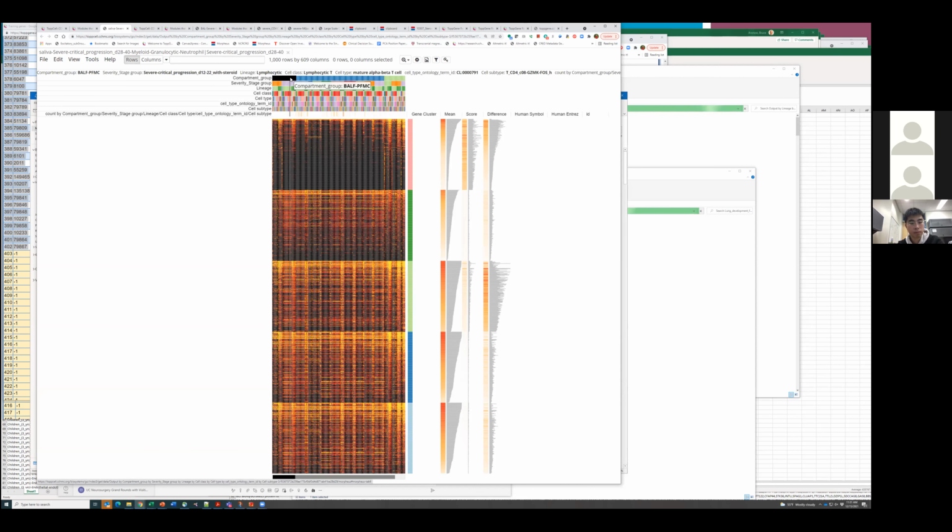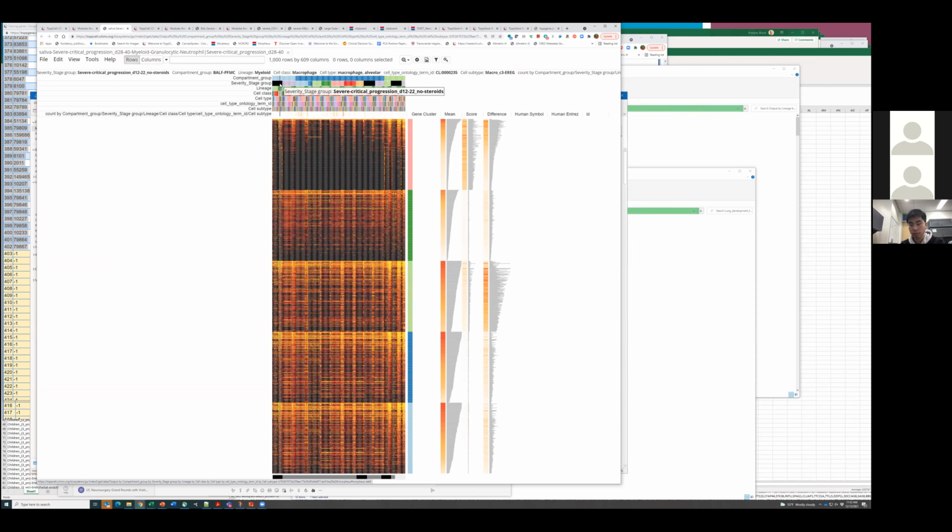Okay, so in this case, there's a couple of compartments, bronchoalveolar lavage and pulmonary fluid. There's PBMCs, peripheral blood mononuclear cells, and then saliva that were sampled in here. And you've got different severity states.